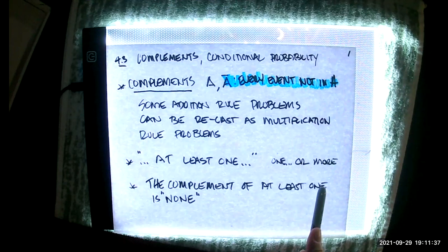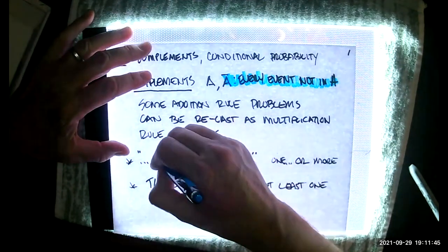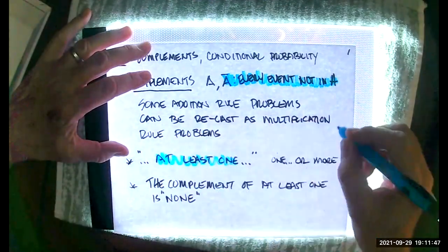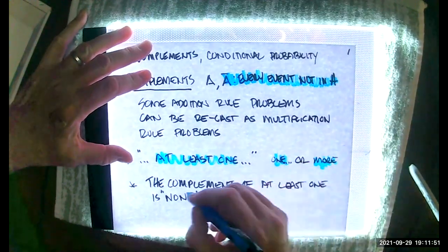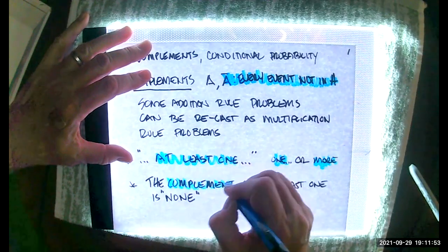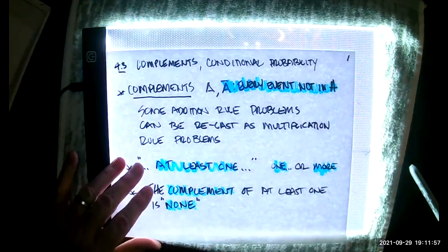And it's important to realize that the complement of at least one is none. At least one or more. The complement of at least one, none. Let me give you an example of what we mean here.